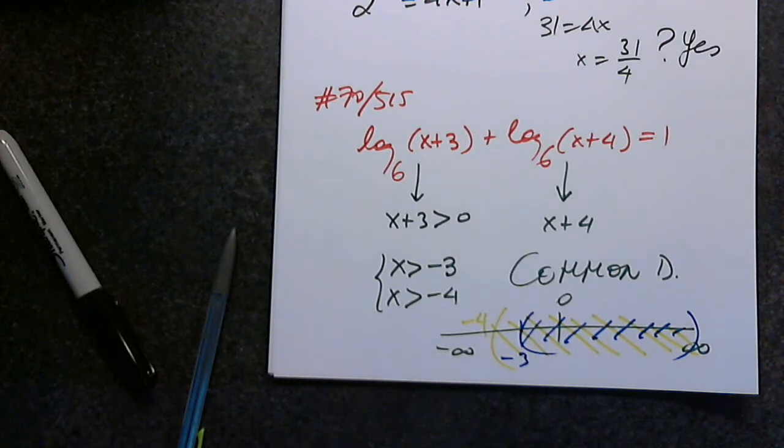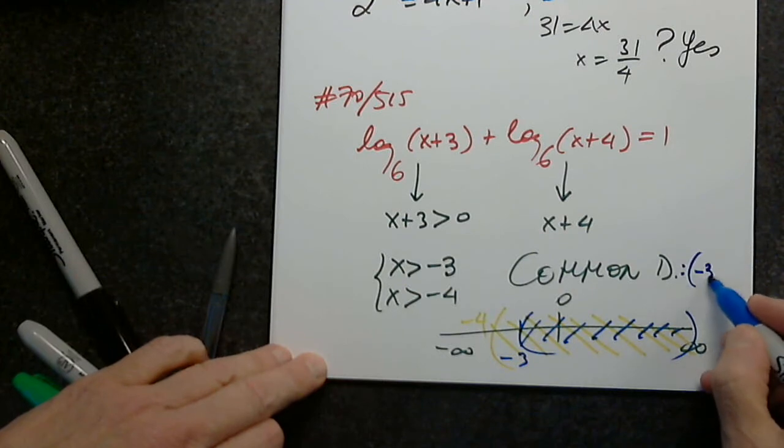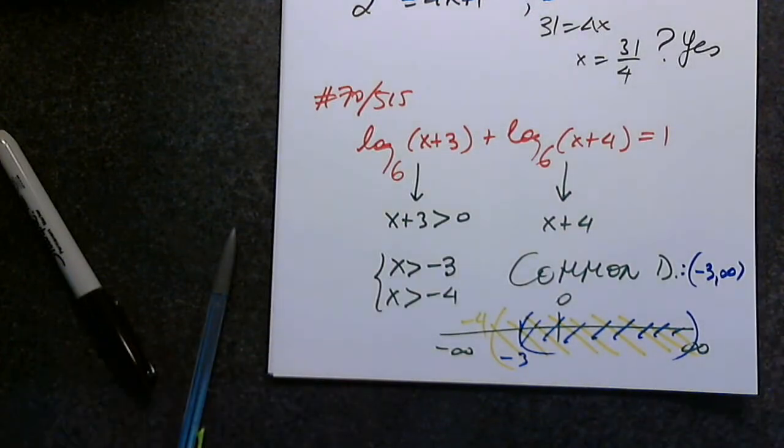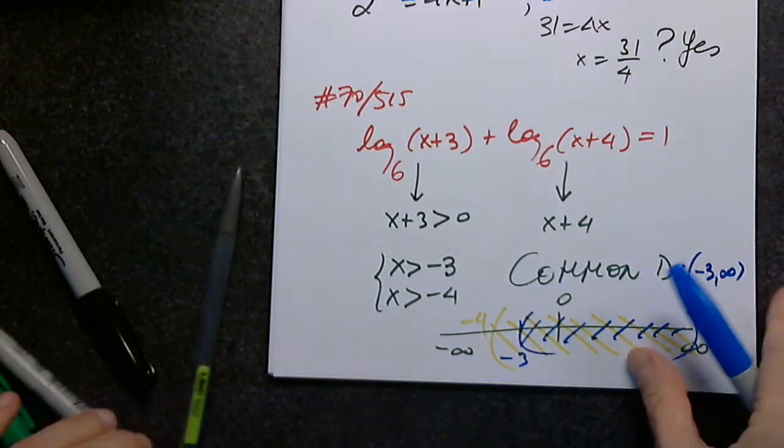So now I need to choose both colors where both functions are defined at the same time. So the common domain is negative 3 to infinity. If I do not get a solution between negative 3 and infinity, what will I conclude about this equation? No solutions. Okay, very good.